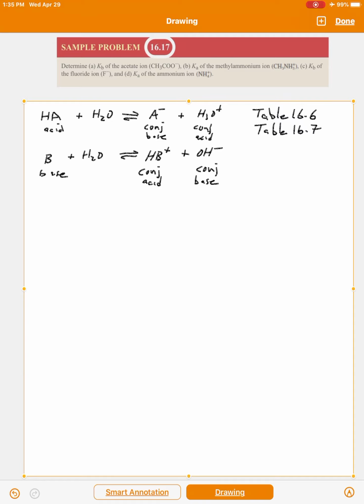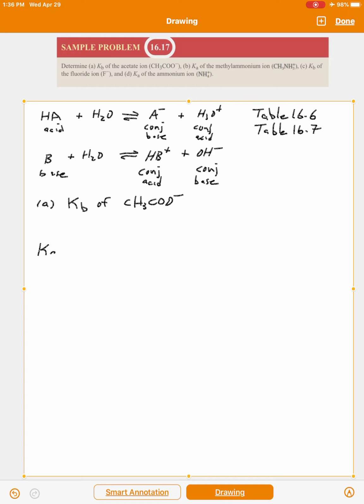So here's how we're going to approach this. In part A, we want to find the Kb of the acetate ion. We're looking for the Kb, but it's not going to be in either of those tables. So here's what we do. We use the following relationship, a very powerful one.